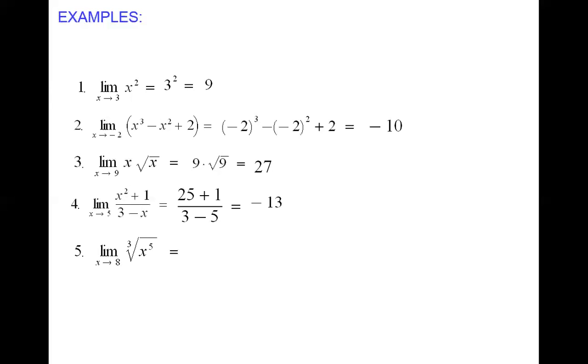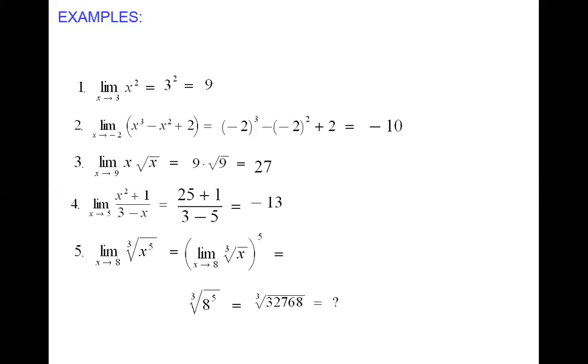Cube root of x to the power of 5, and now we have to be careful because we do not really use calculators in a calculus class, because we have to focus on the concept and be smart with our arithmetic. That means I will probably not go this way, because 8 to the power of 5 is quite a big number and I will never know the cube root of 32,768.